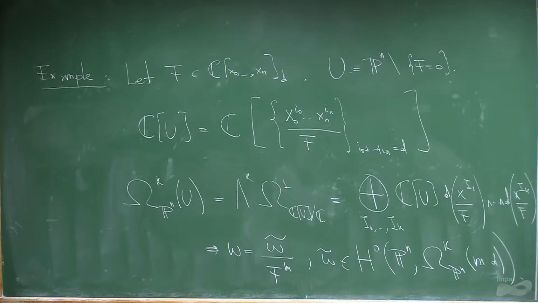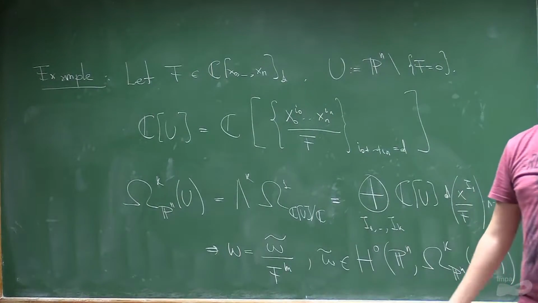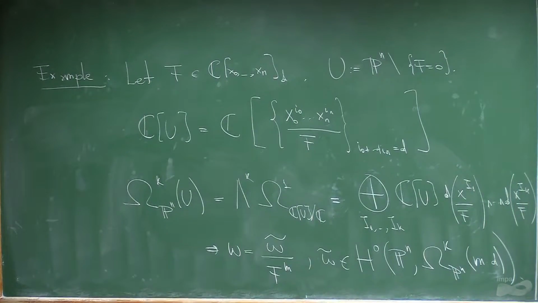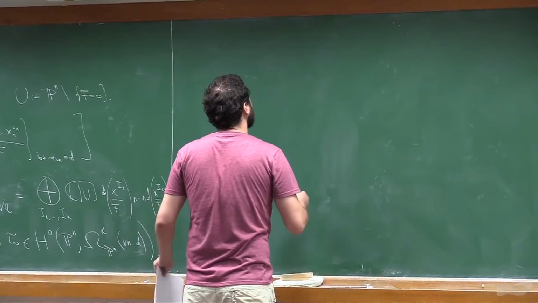So in particular, the algebraic forms over the complement of a hypersurface are always meromorphic with pole along the hypersurface, right? So we have this equality.